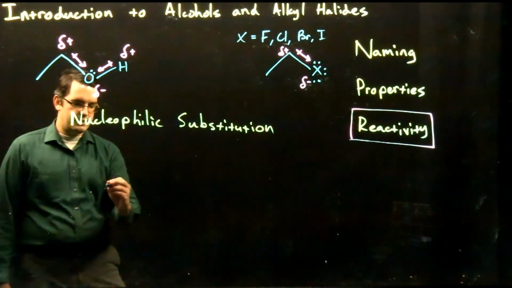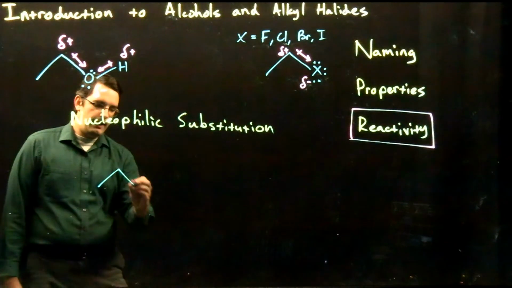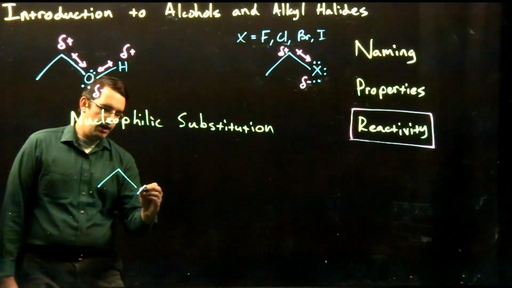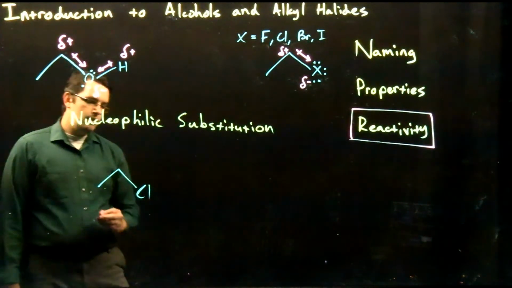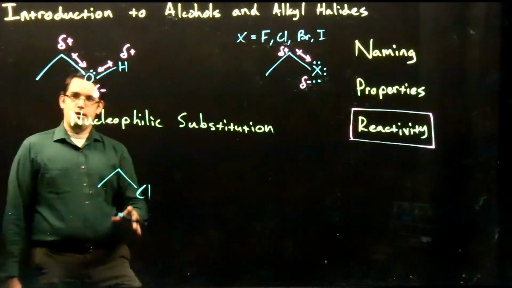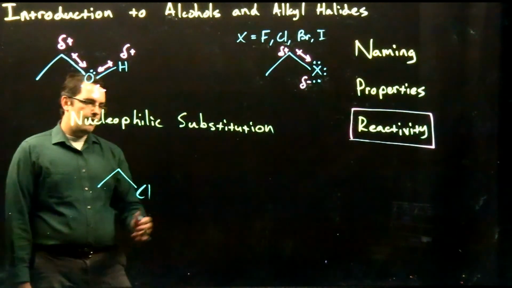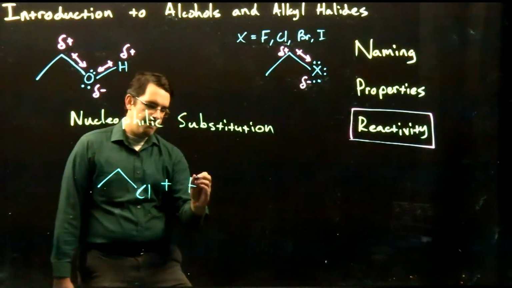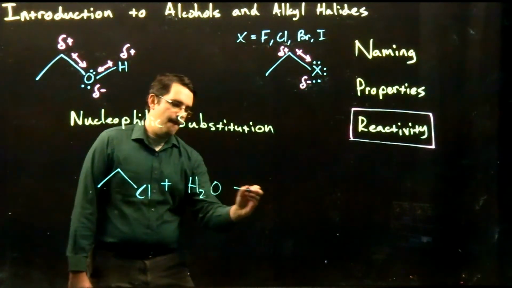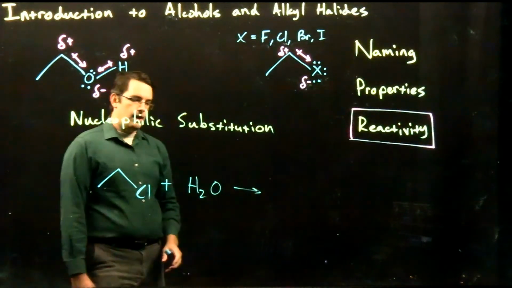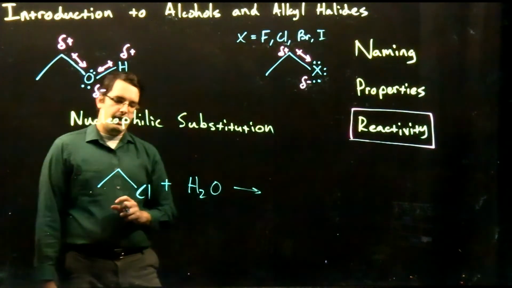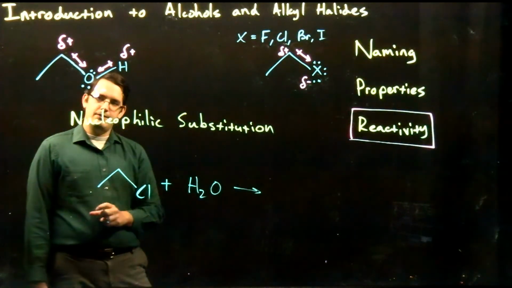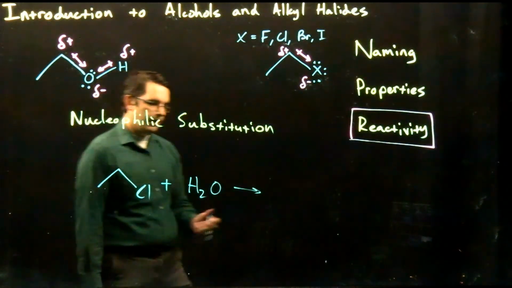So for example, we can take our alkyl halide, we'll use chlorine, so this would be chloroethane, and we can react it with water. Our water, our oxygen here, is going to be acting as the nucleophile, and it's going to substitute for or replace our chlorine.